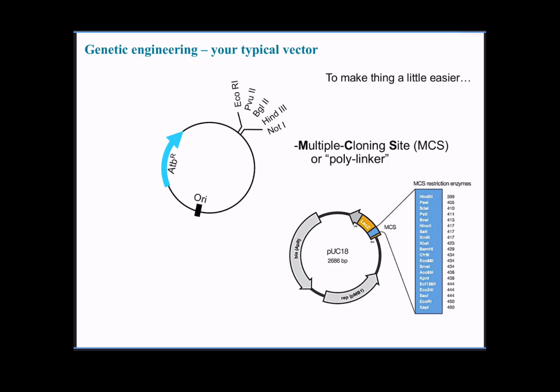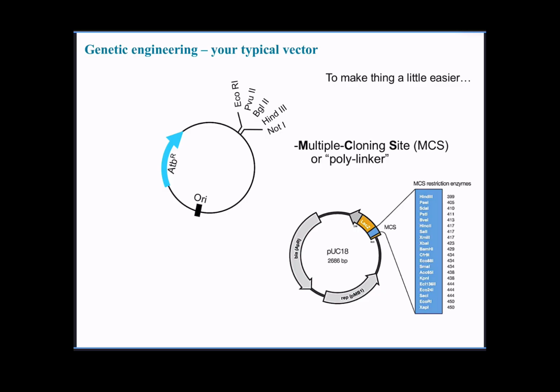All we can do is look, find one that we might be able to use, and then make it easier on ourselves by creating vectors that have a collection of restriction enzyme target sites, hoping that one of the ones that we found in our natural source would be present in that polylinker.